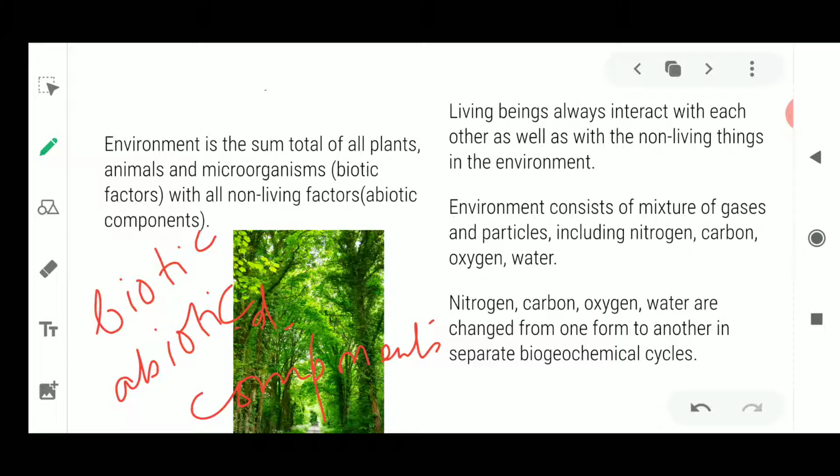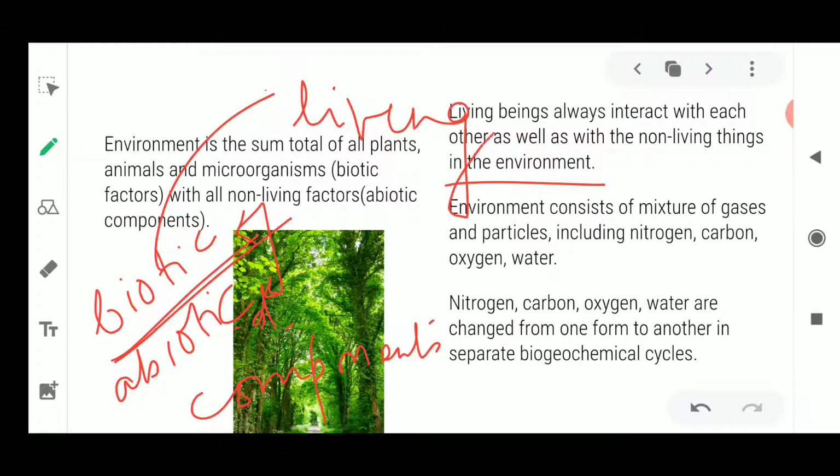Now, living beings always interact with each other as well as with the non-living things in the environment. This is saying that the biotic and the abiotic factors have a relationship between each other. What do we mean by biotic and abiotic factors? It's very easy. Biotic means living, and abiotic means non-living components.